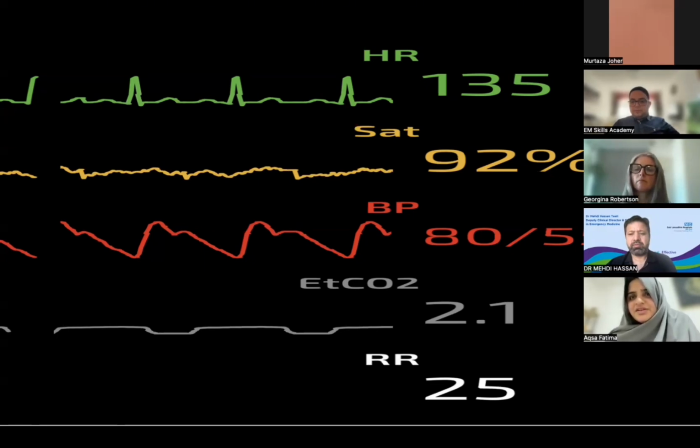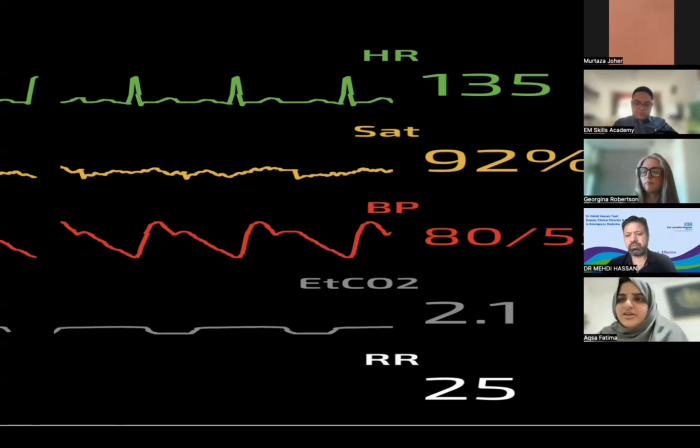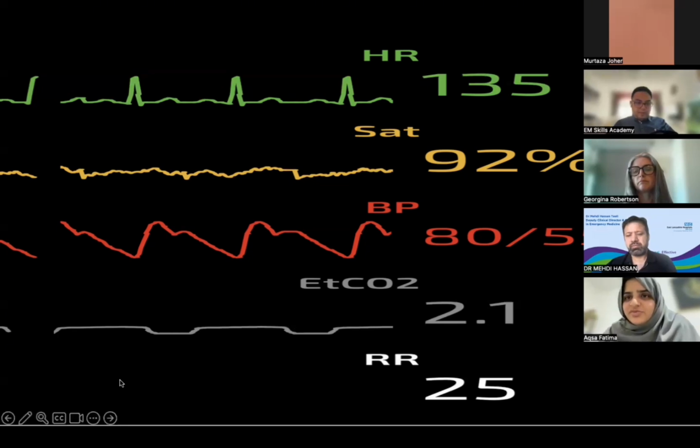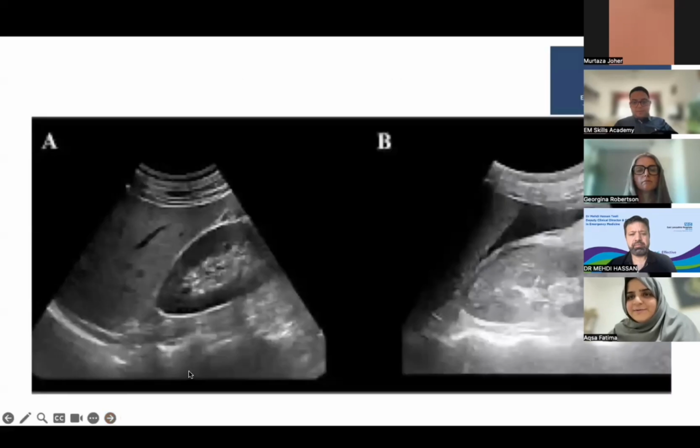This is a 12-year-old child, so 10 mL per kg, start with that as a bolus. What fluid do you want? Start with sodium chloride for now. Okay. And meanwhile we have activated the major hemorrhage protocol as well. Is there an ultrasound there so that we can do a FAST scan? Yeah, there is ultrasound.